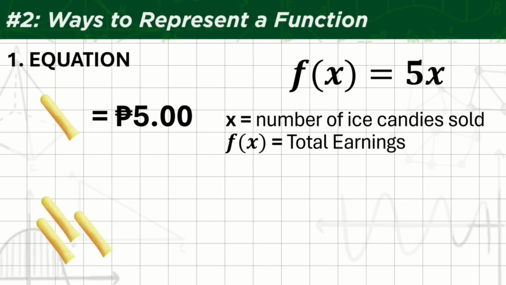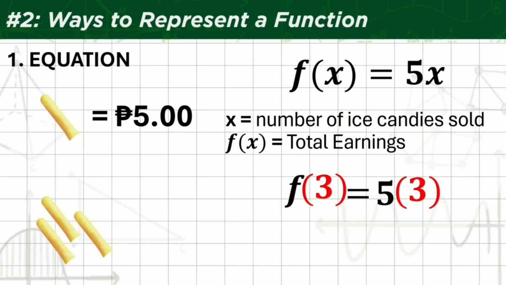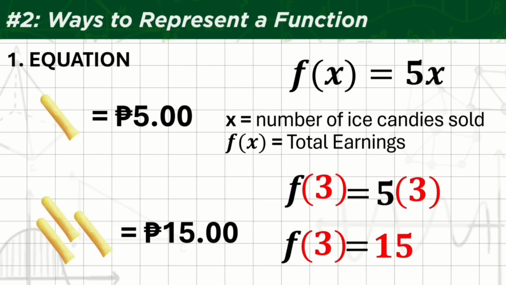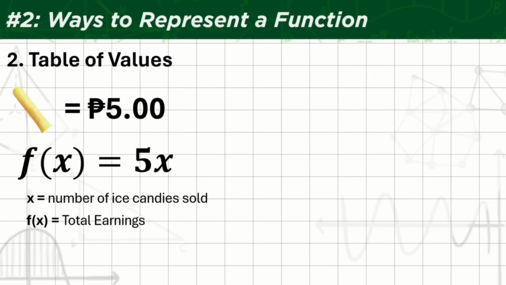So if you sell 3 ice candies, from the equation f of x is equal to 5x, since x represents the number of ice candies sold, then x is equal to 3. So let's simplify. 5 times 3 is 15. So when you sell 3 ice candies, you will earn 15 pesos.